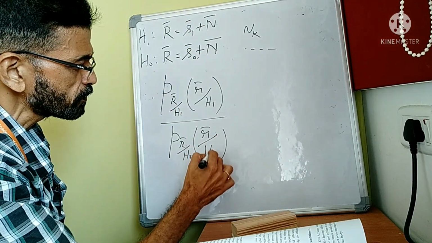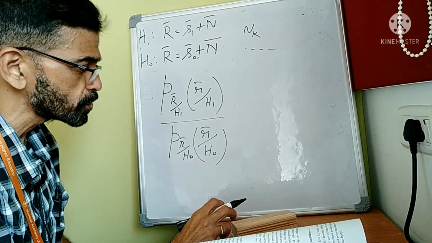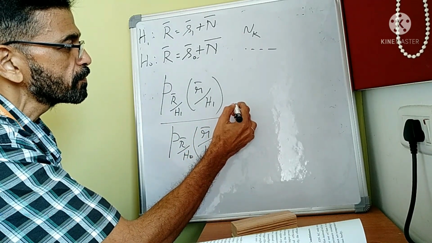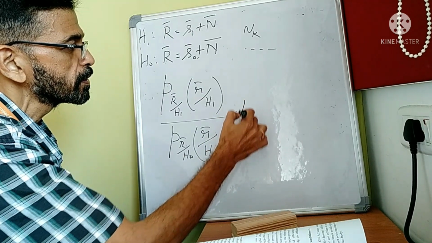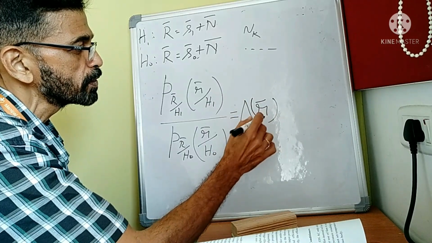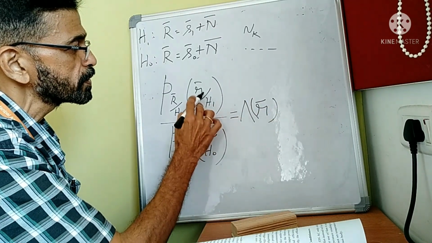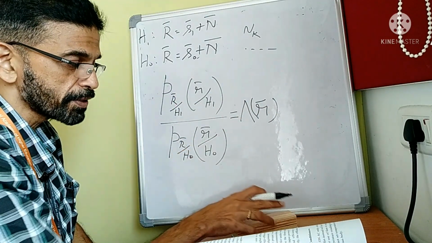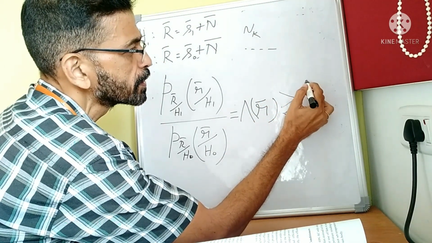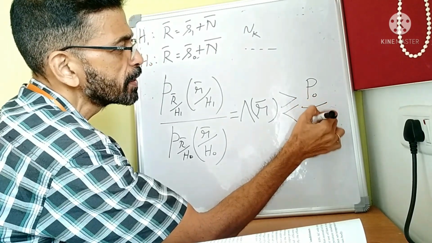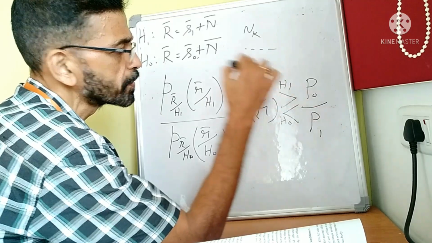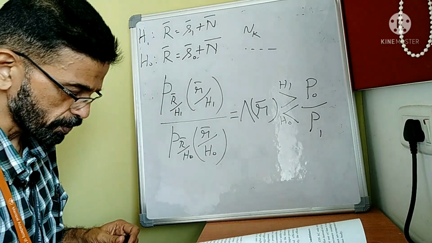So the conditional density function of the received random vector when H0 is true can also be arrived at, and we can formulate the likelihood ratio, which now will be a function of the received random vector, and we can take a decision as earlier by comparing it with the ratio P0 by P1.